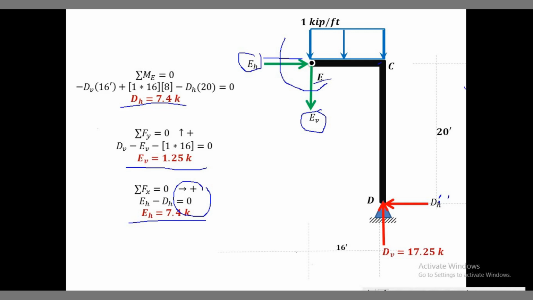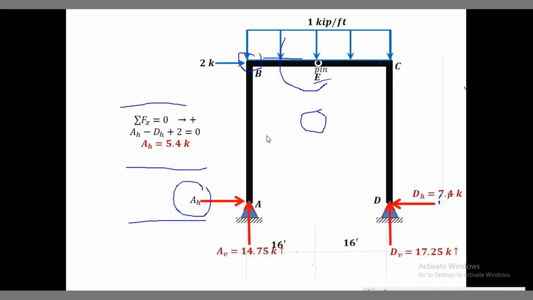And so, going further, nasolve ko na yung aking mga internal reactions. So, masosolve ko na yung mga hindi ko pa na-solve na external reaction. So, for this case, if I take summation of forces along the x-axis now, masosolve ko na si AH.